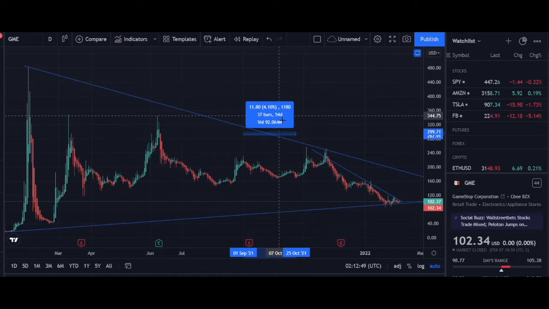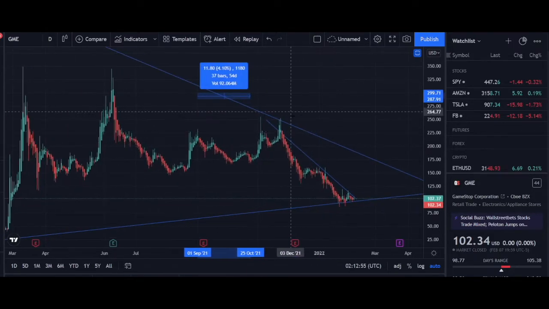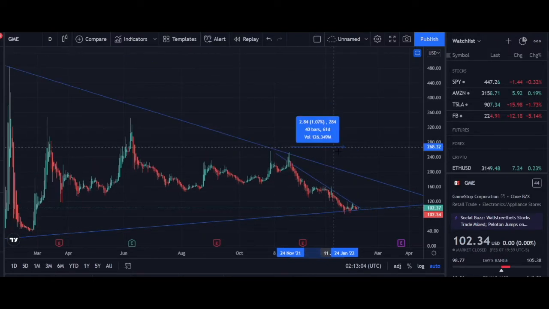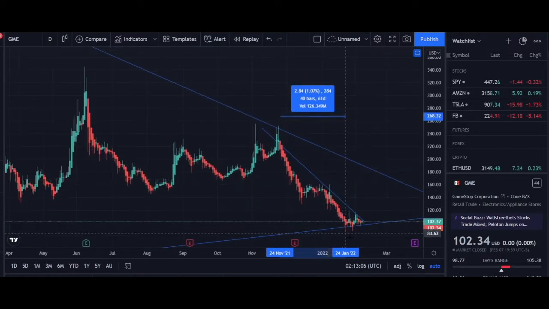So logic would tell us that anywhere between 37 and 40 trading days would be our next bottom. Let's see if it played out. So we'll go from the drop until our bottom of 85 right here, and what do you know? 40 trading days and 61 calendar days. This was the bottom at 85, and then we had another bottom at 88, and then we had another bottom at 95. Triple bottom formation.